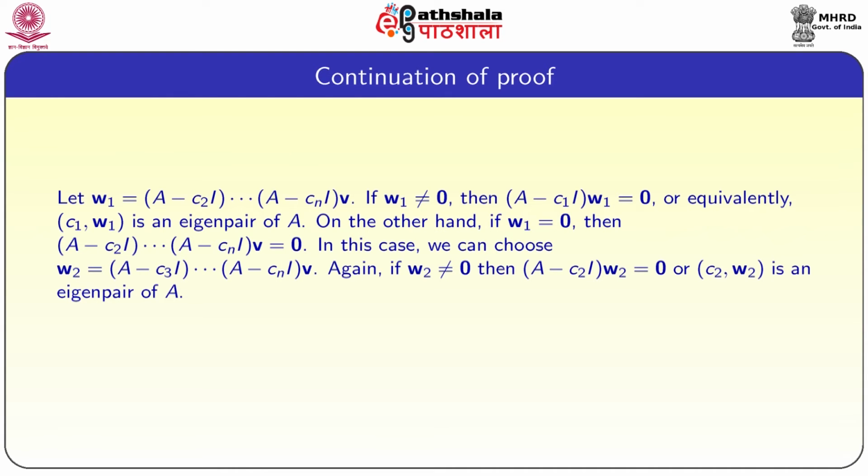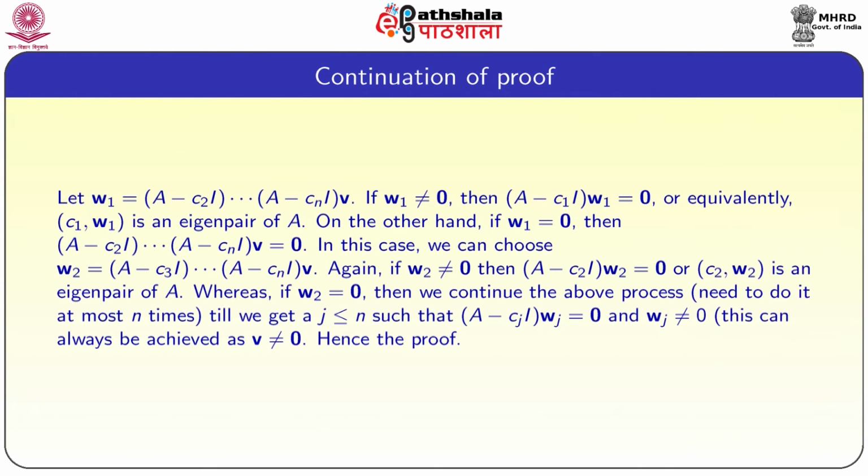On the other hand, if W1 is equal to 0, then we have that A minus c2 into I and so on A minus cn into I into V equals 0. In this case, we can choose W2 equal to A minus c3 into I and so on A minus cn into I into V. Again, if W2 is not equal to 0, then A minus c2 I into W2 is equal to 0, or c2, W2 is an eigenpair.